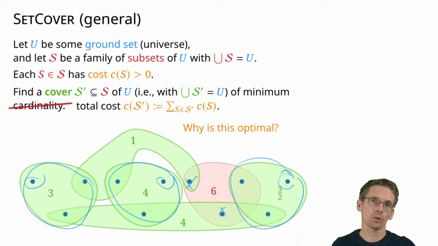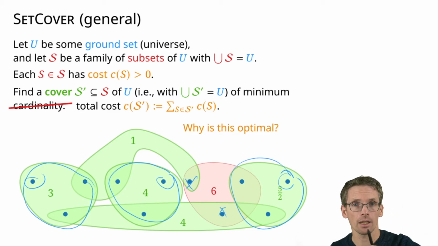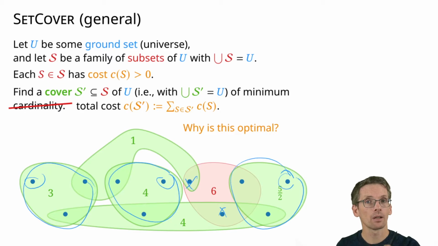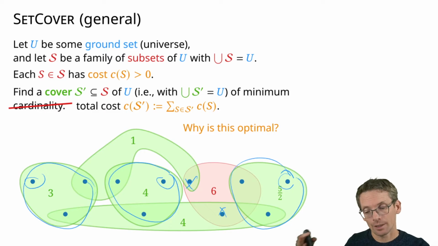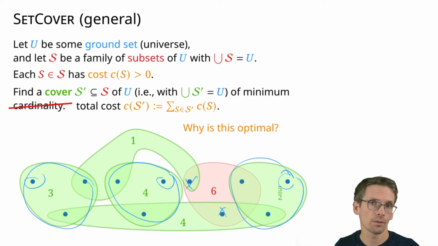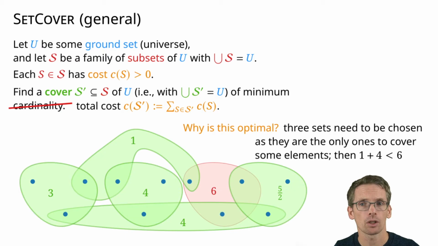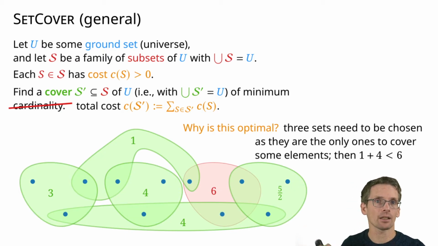And there we have the choice between taking the set that has cost 6, which in the min cardinality setting would have been the best choice because it just adds 1 set. And in the min cost setting, the 1 plus 4, so 5, is smaller. So that's a set cover and the set cover problem.